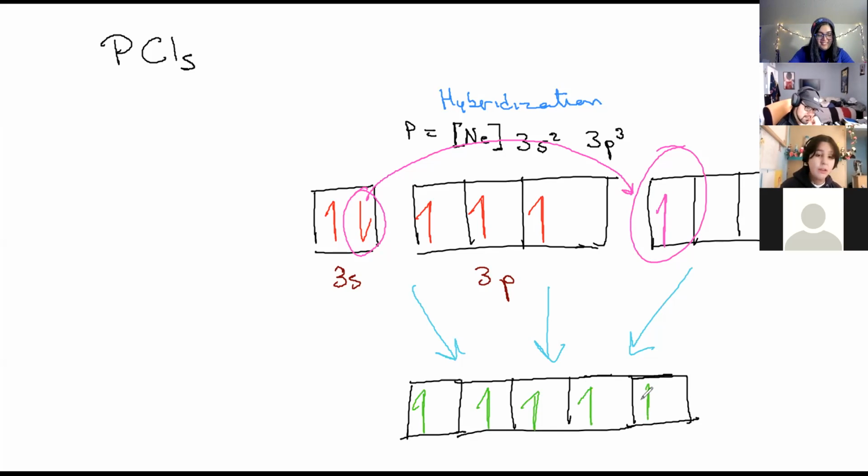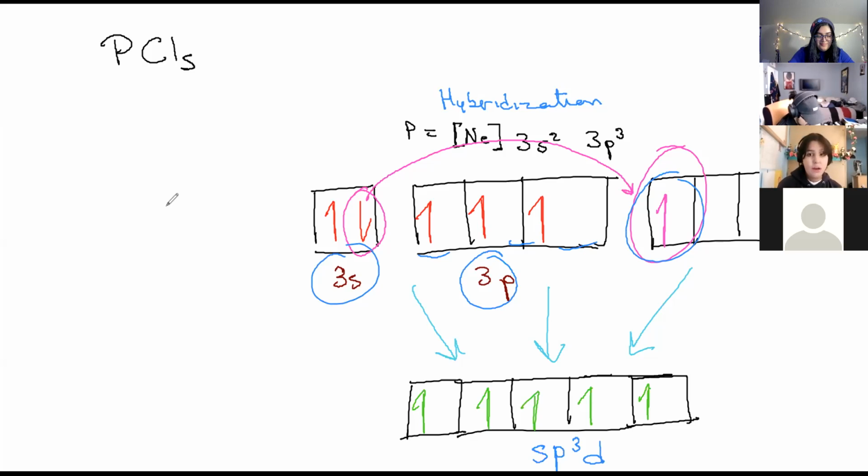What kind of hybrid orbital is that? sp3d, exactly, because you're using the s orbital, all three p orbitals, and one d orbital.